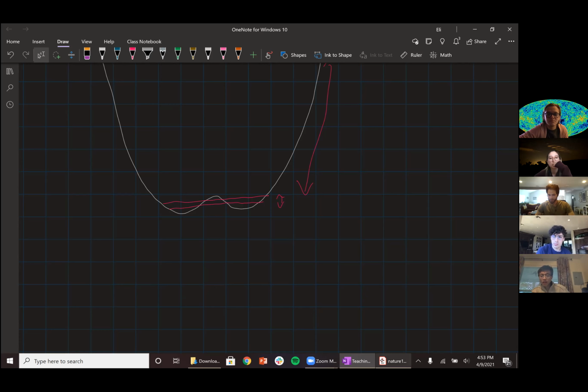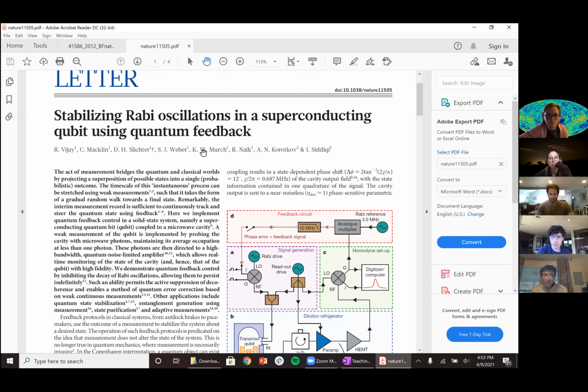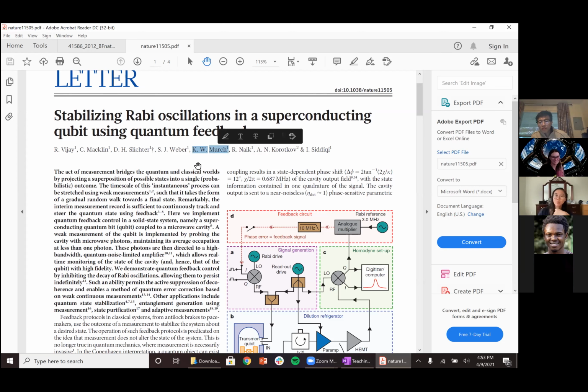To give an idea, KW Murch here is Kater Murch, who's now a professor at Washington University, and demonstrated this with a superconducting qubit.